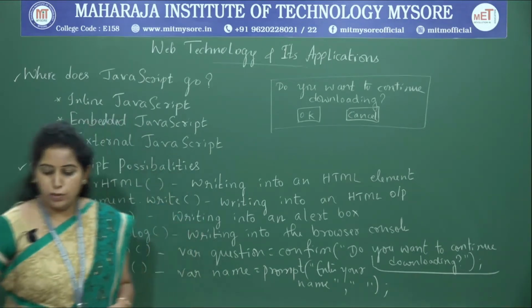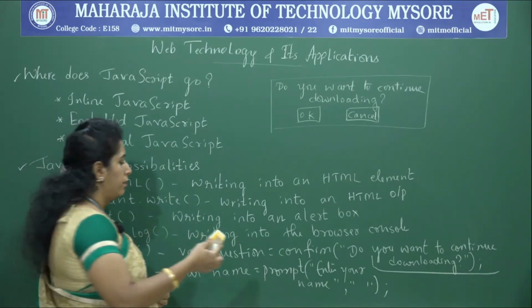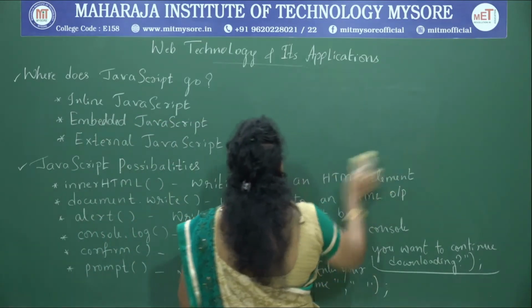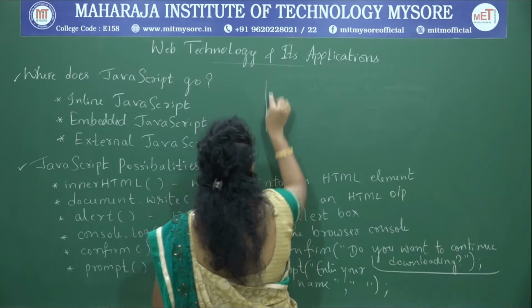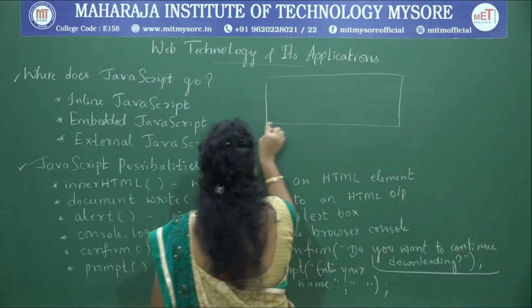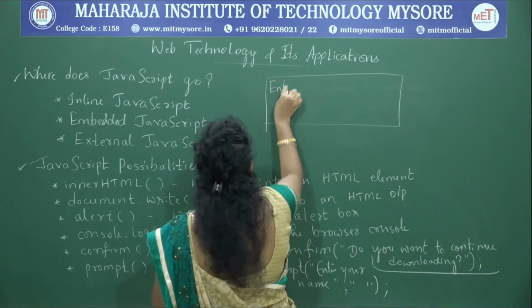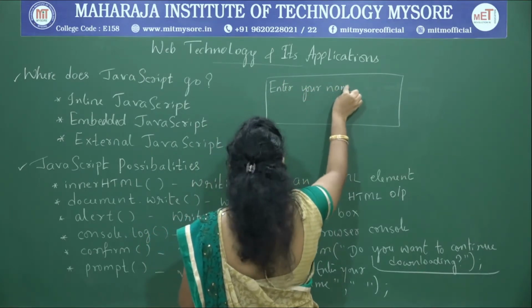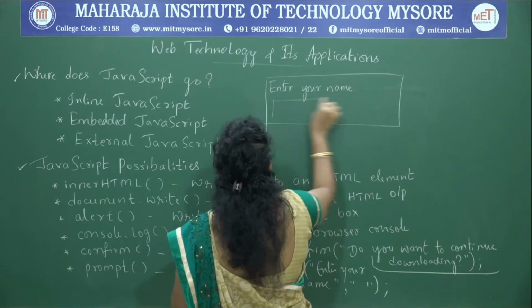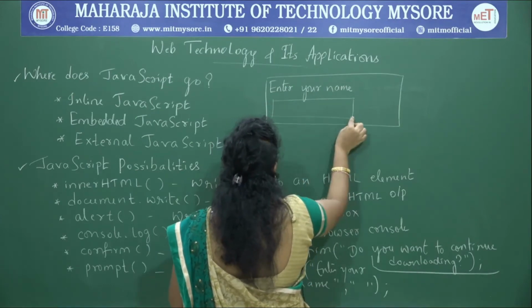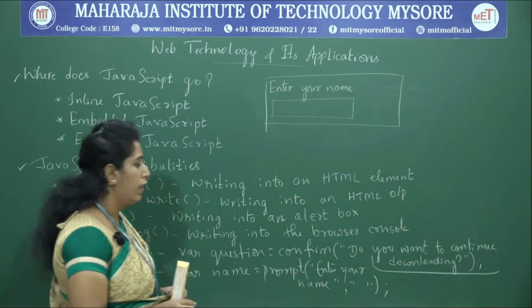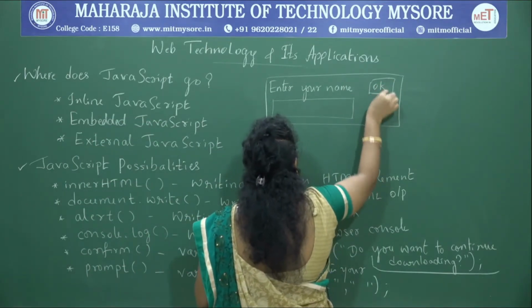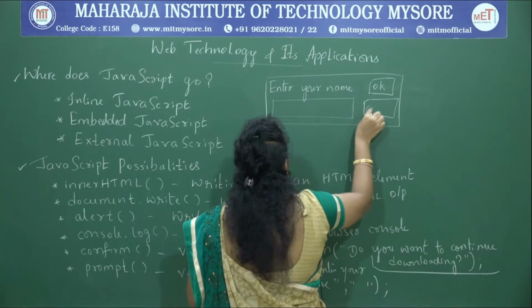So now how it is going to work, I can show it in this way. Enter your name. So you will get an input box like this where you can enter a name, and here you will have OK and cancel.